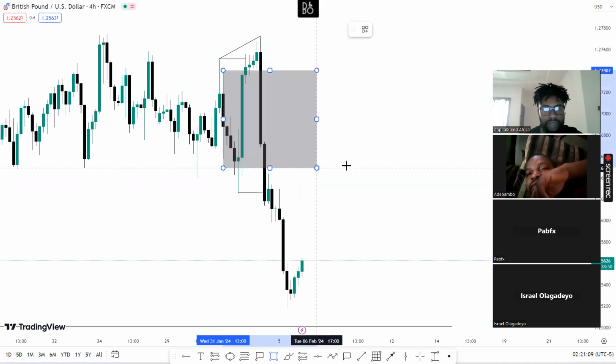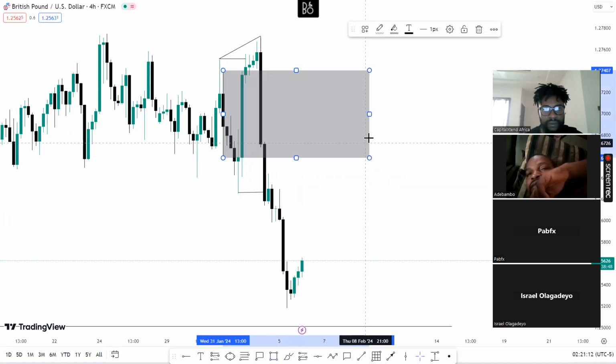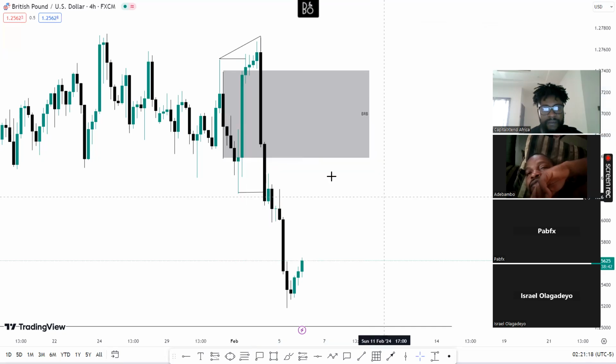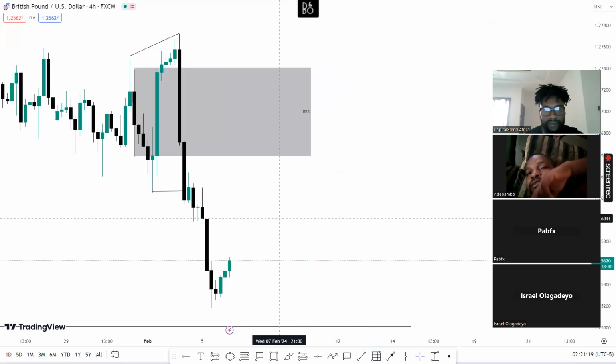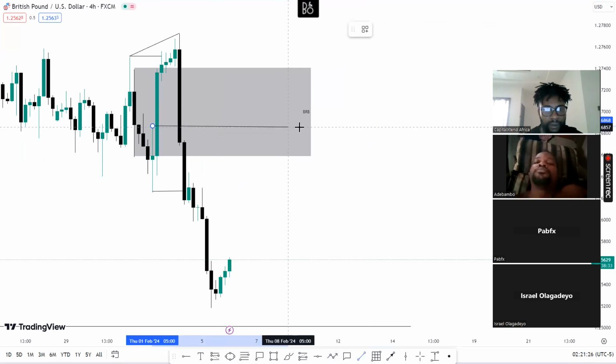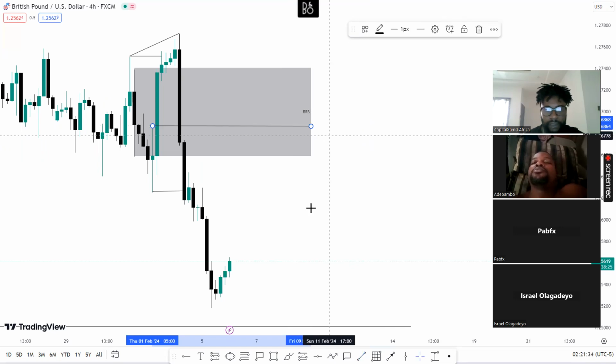We've got this breakout block here, and we have an inversion as well.